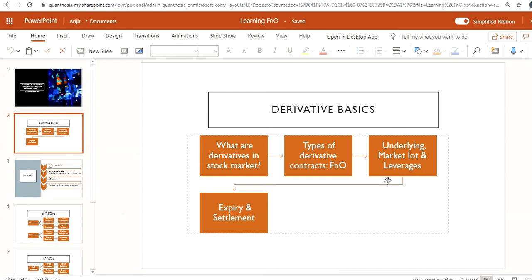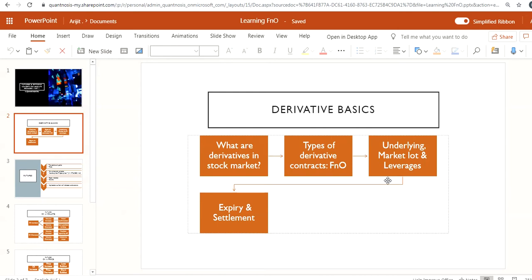We'll go into that more with an example, but even though you are trading in that big number, let's say the market lot for a derivative is 5,000, you don't have to pay the entire value of the underlying.